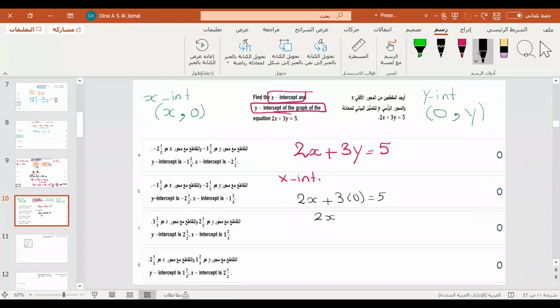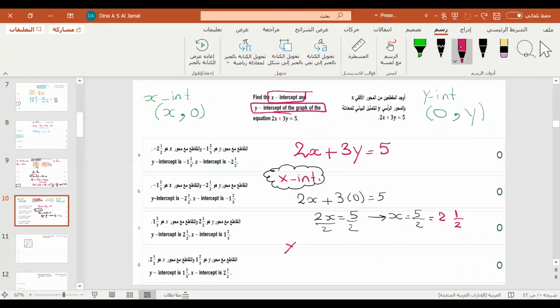That means 2x is equal to 5, so x is 5 over 2. And the key is to make it a fraction. You should know how to write it as a mixed number, which is 2 and 1 over 2. Good. So now let's focus, and focus on what you are doing, because he will be confusing you.